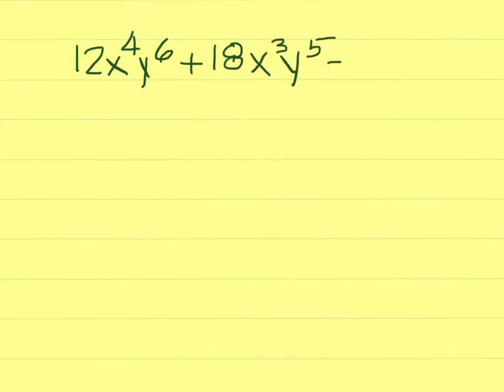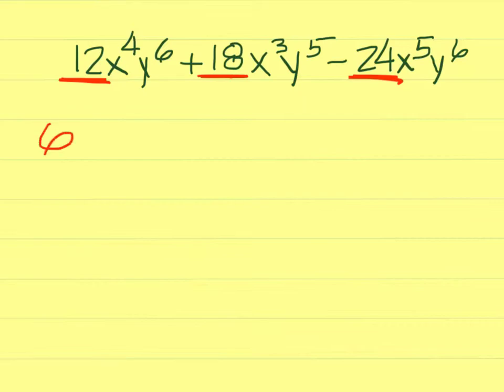In this problem, we have 12x to the fourth, y to the sixth, plus 18x to the third, y to the fifth, and minus 24x to the fifth, y to the sixth. Now in this problem you start out doing the same thing as we did before, which is to find the highest number that comes out of 12, 18, and 24.